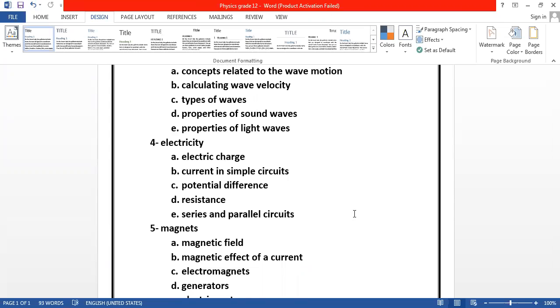We're going to learn what the magnetic field is. We're going to learn what the magnetic effect of a current is. You have to know that electric current has a magnetic effect, and the magnetic field has an electric effect. They accumulate each other. Electricity and magnetism are related to each other, okay?